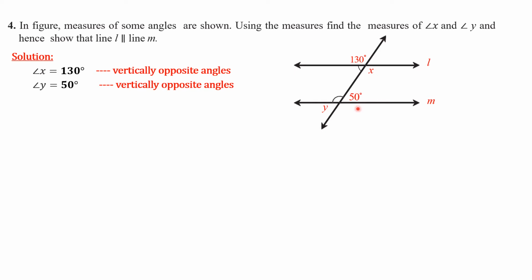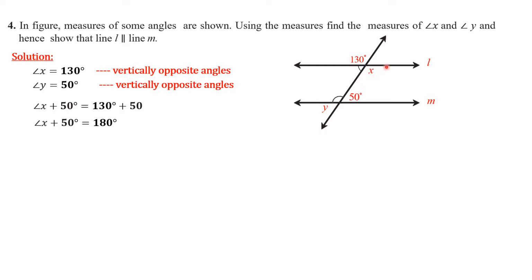Angle X and 50 degree are interior angles. So here we add these two angles. Angle X plus 50 degree is equal to 130 degree plus 50 degree, sum is X plus 50 degree is equal to 180 degree.